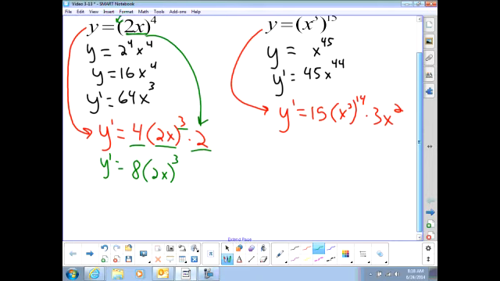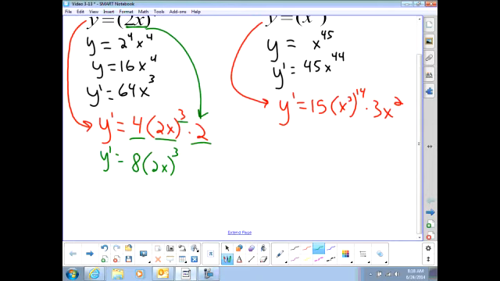And just to show you that it would be the same thing, this would be 8 times 2 cubed x cubed, which is 8 times 8x cubed, which is 64x cubed. So notice it was, in fact, the same.